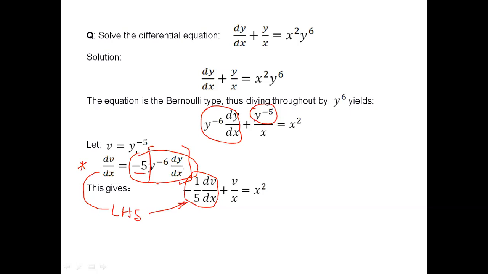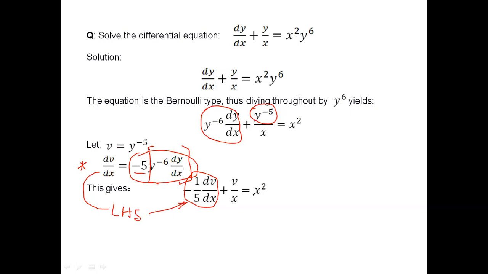If these two are equal, we put it here. And where there is y to the power negative 5, we put our v, because that was our initial assumption. We said v was equal to y to the power negative 5.